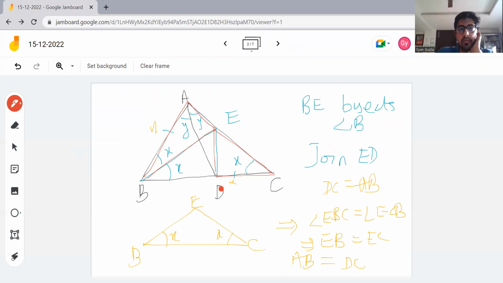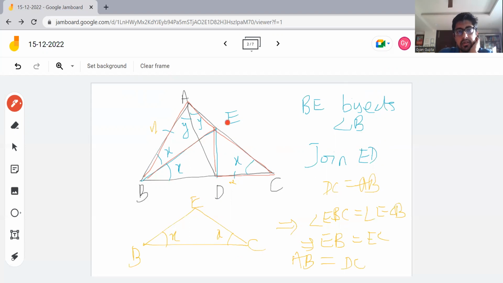In the question, ABC is a given triangle such that angle B is 2 times angle C. Hence, I have taken angle C as x and angle B as 2x. And the bisector of angle A meets BC at D. So I've taken angle BAD is equal to angle DAC is equal to y. My construction involved constructing the angle bisector of angle B, BE, hence x and x, and joining DE.